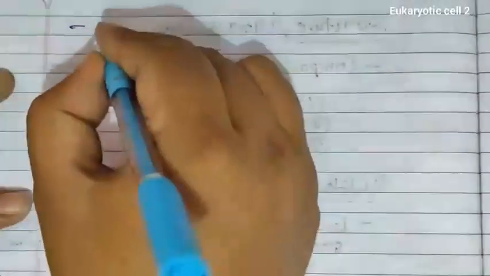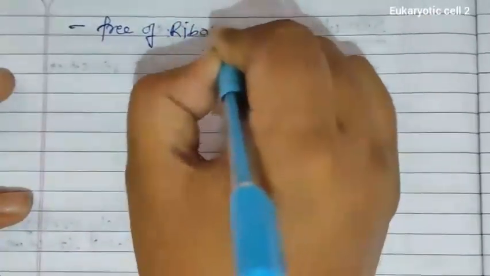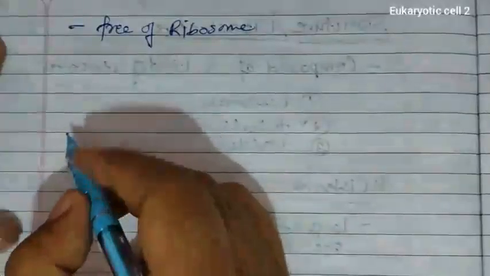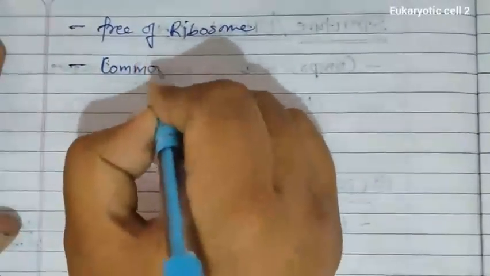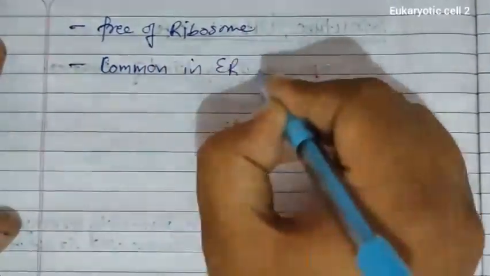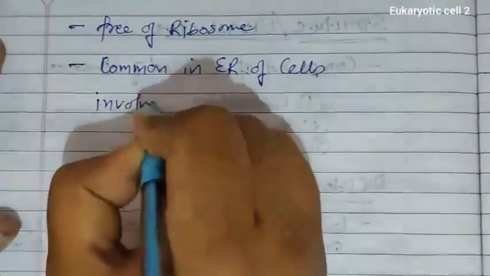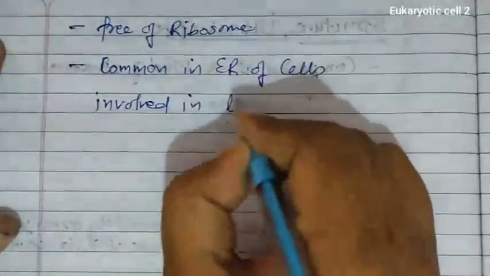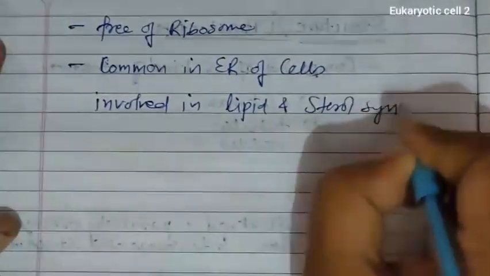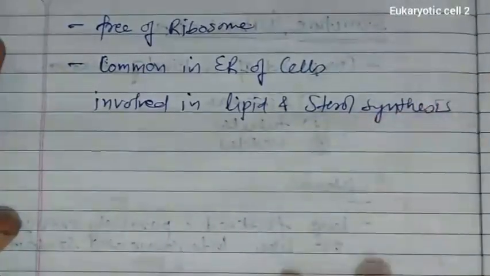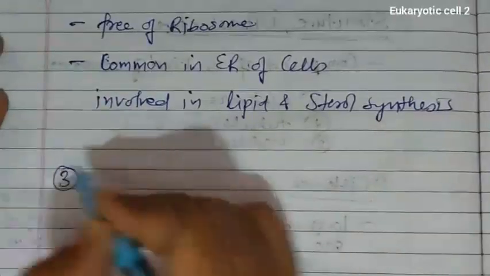These are free of ribosome, so these are common in ER of cells involved in lipid and sterol synthesis.